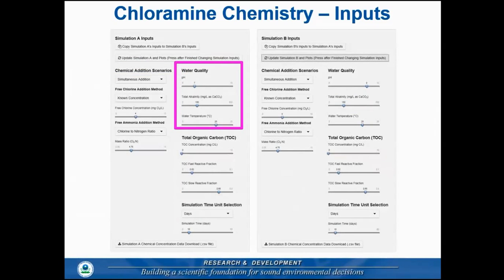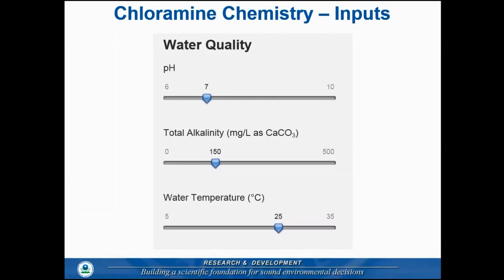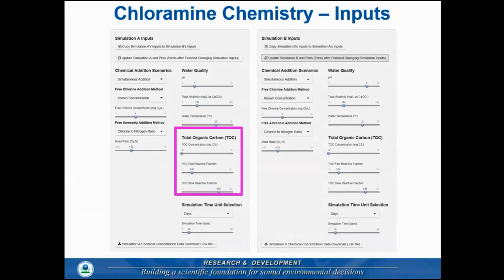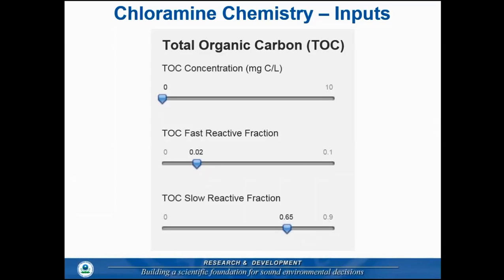The next area, you enter in your water quality. So these are just pH, alkalinity, temperature. And these are just held constant during the simulation, but you can easily move the sliders to select the condition that you want. And then the next area is where we have the ability to turn on, I would say, the organic matter demand reaction. Initially, it's set to 0 as the TOC concentration, so that just effectively turns this reaction off.